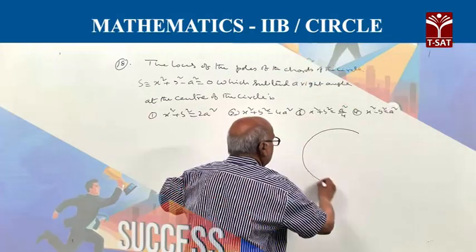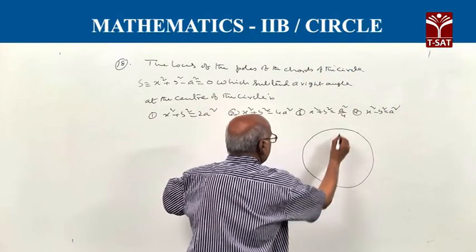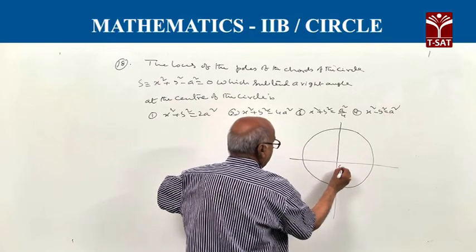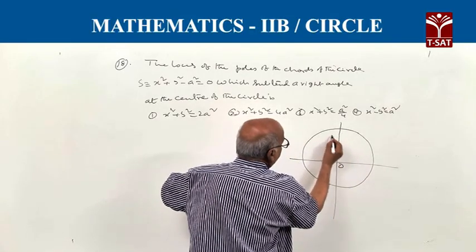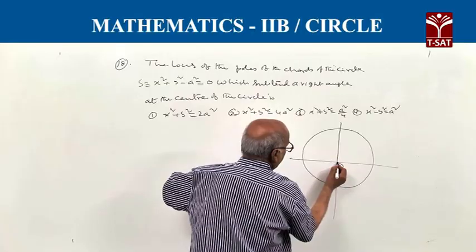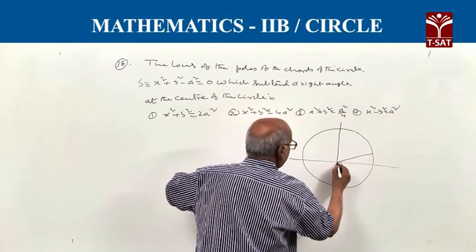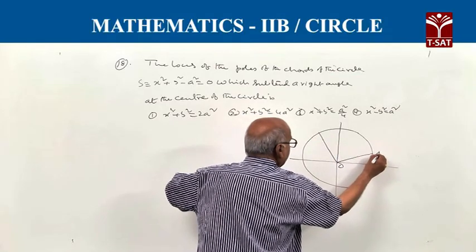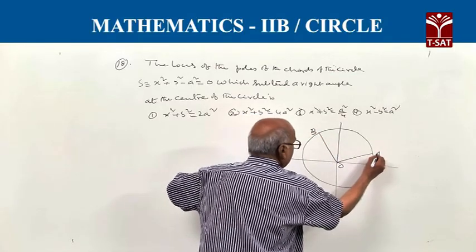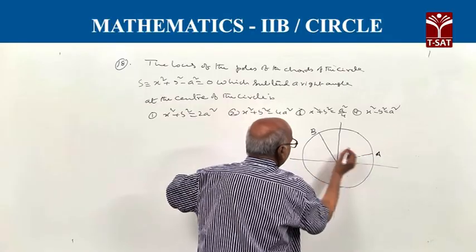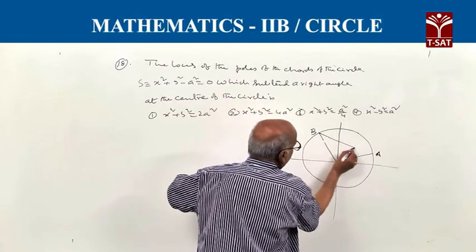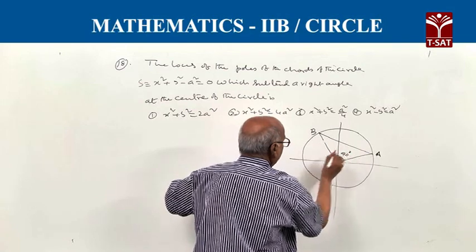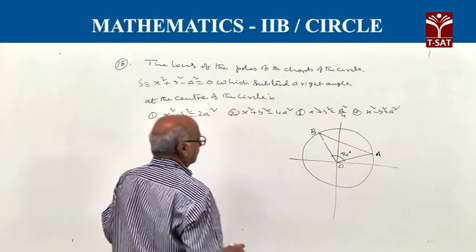Now you are given the circle, this is the origin, and you are given a chord of the circle which subtends a right angle at the center of the circle, meaning the origin. So this is 90 degrees, right?